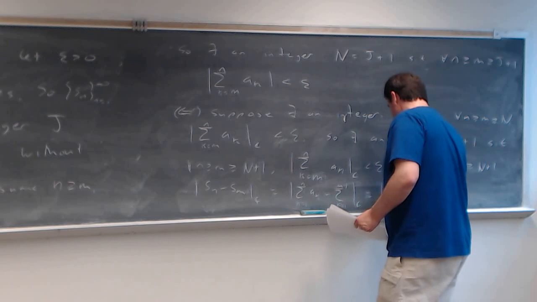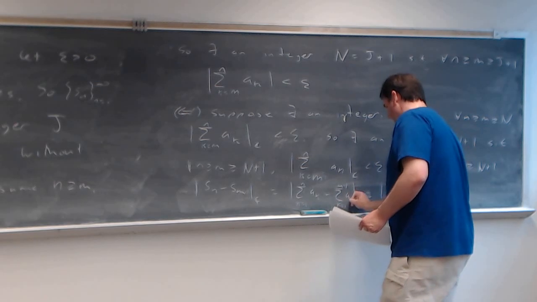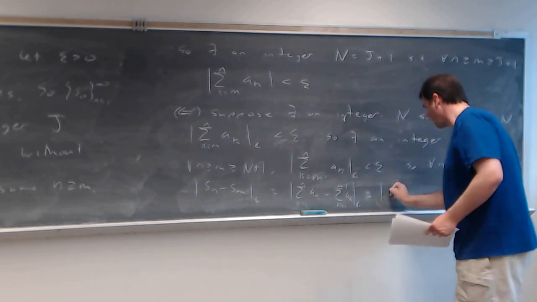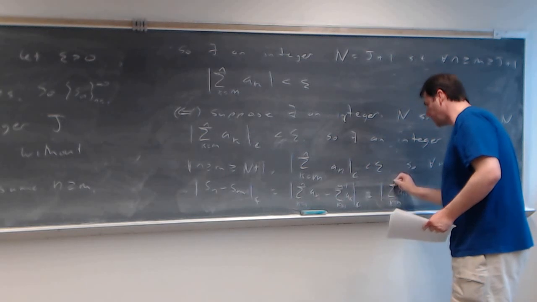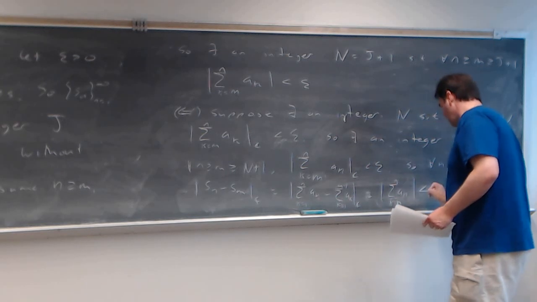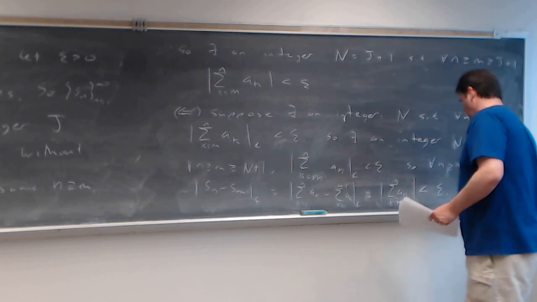That's going to be equal to this norm of the sum of the a sub k's as k runs from m to n, which we know to be less than epsilon.